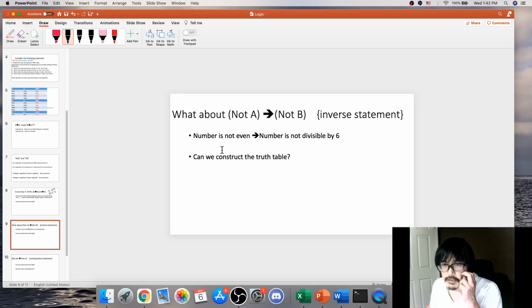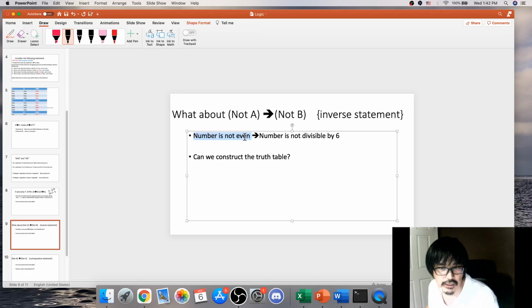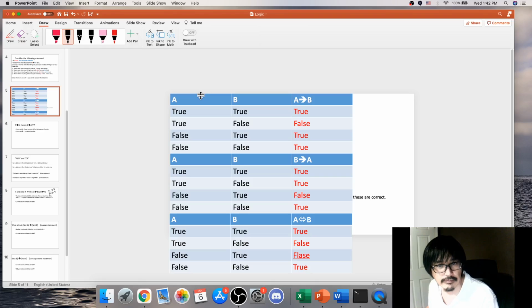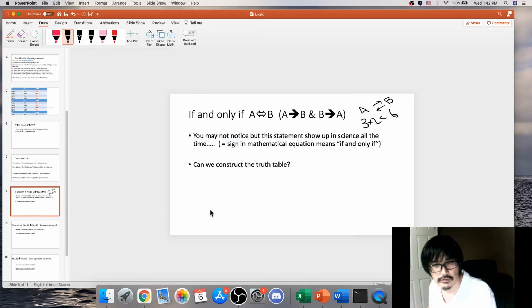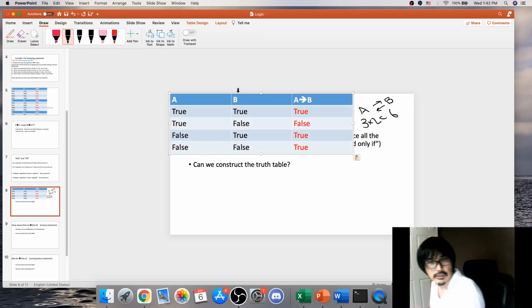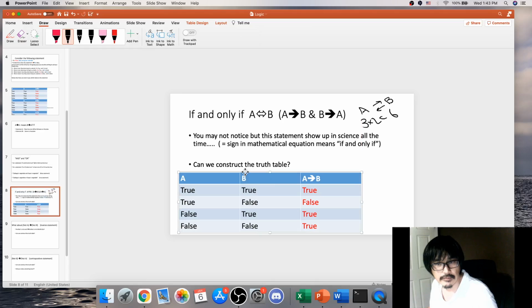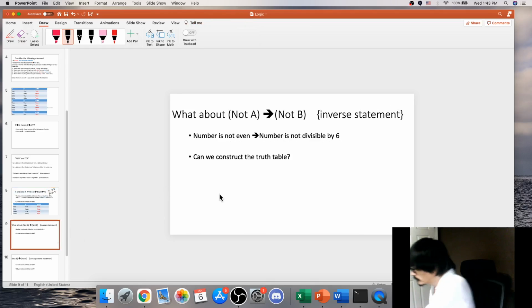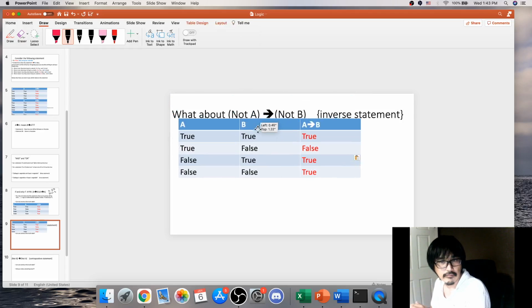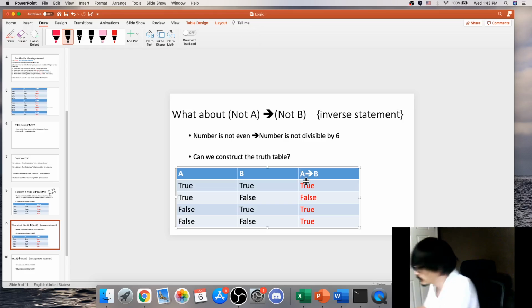Okay. So what about not A implies not B? This is sometimes called the inverse statement. One of the examples is that the number is not even implies that that number is not divisible by 6. Can we construct a truth table out of this one? Yeah, I think you can. So not A implies not B, right?